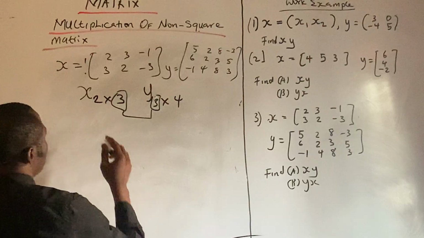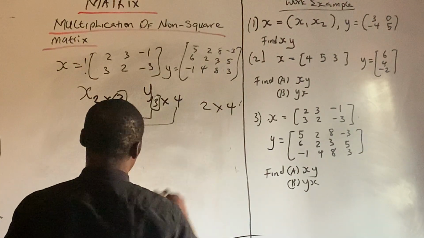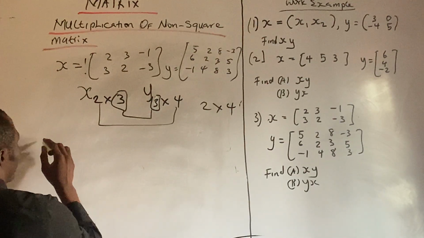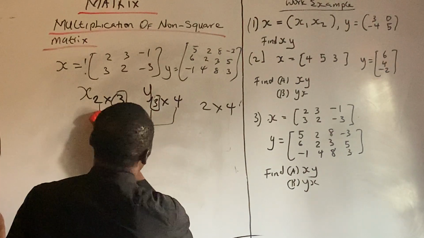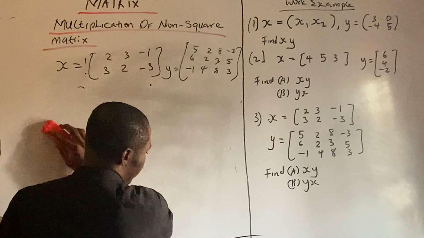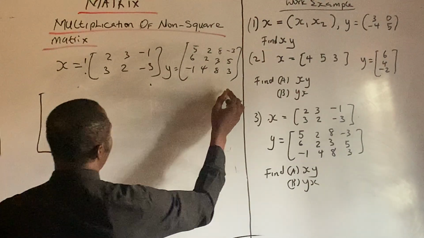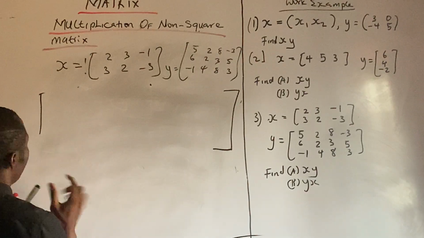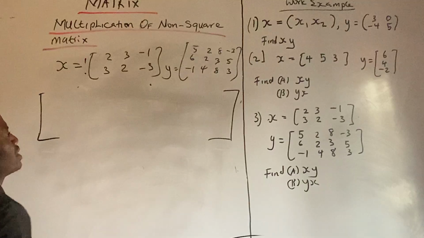But the order of the result will be 2 by 4. Now, I'm going to make a large space. Let me clean up the board because the order of operation is 2 by 4. I'll make a large space where I will put in my answers, and I will perform my operation down here and put my answer inside here.